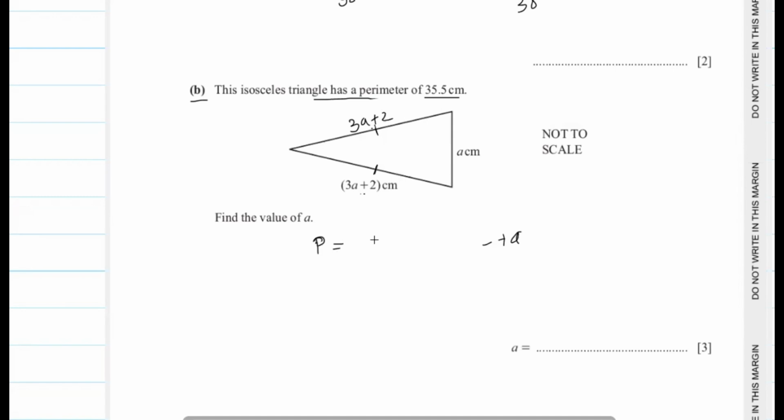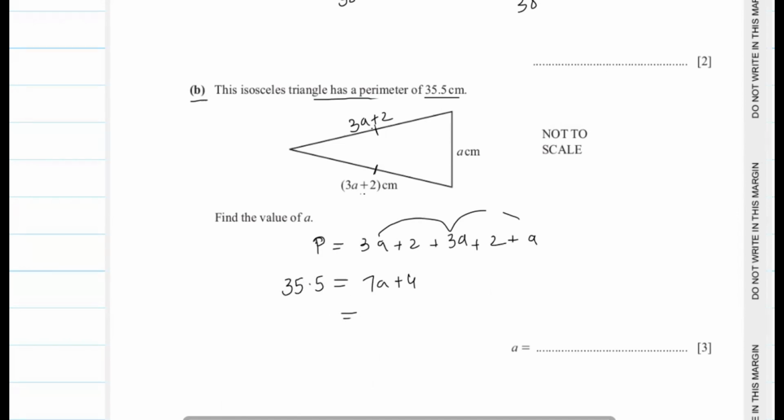Now look here, these are the sides: 3a plus 2, and next 3a plus 2, and the third side is a. We add all these sides: 3a plus 3a plus a is 7a, and 2 plus 2 is 4, and the perimeter here is given as 35.5.